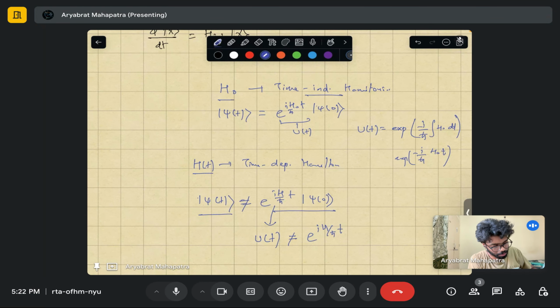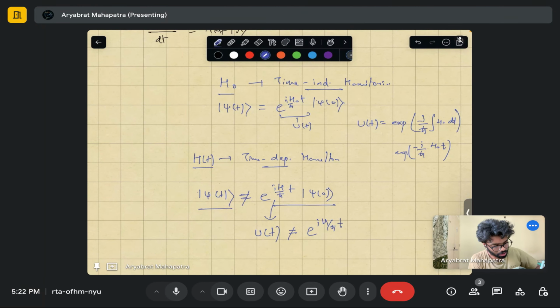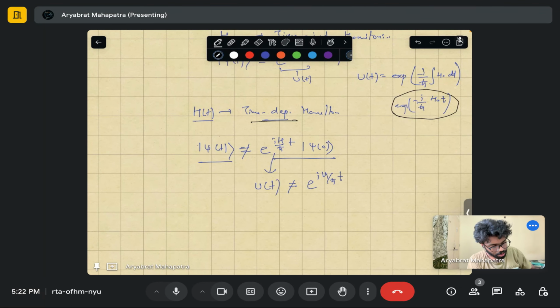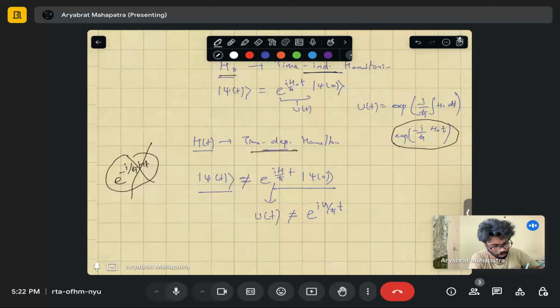When your H is time independent, you can write your evolution operator as this. But when your H is time dependent, you cannot write your evolution operator as minus i over h bar H naught t or H t. That is incorrect.